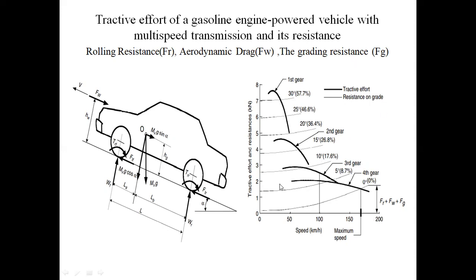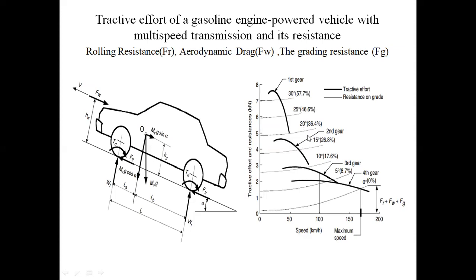When the alpha angle is 10 degrees, an additional 17.6% resistance is added to the vehicle. When the alpha angle is 15 degrees, 26.8% resistance is added. For example, if a normal vehicle is 100 kN, on a 15 degree road it becomes 126.8%. The weight effectively increases.